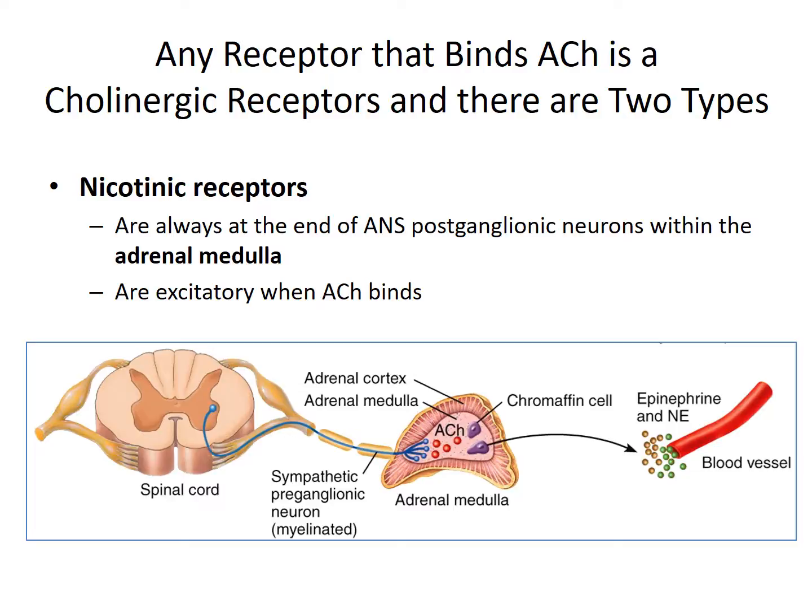Nicotinic receptors are always found at the end of autonomic nervous system postganglionic neurons within the adrenal medulla. And these are always excitatory when acetylcholine binds.